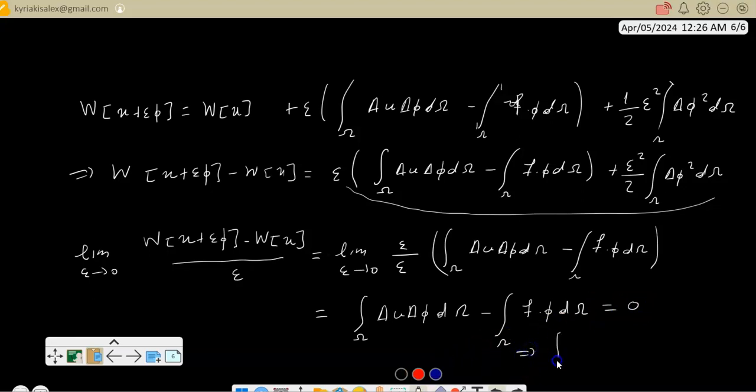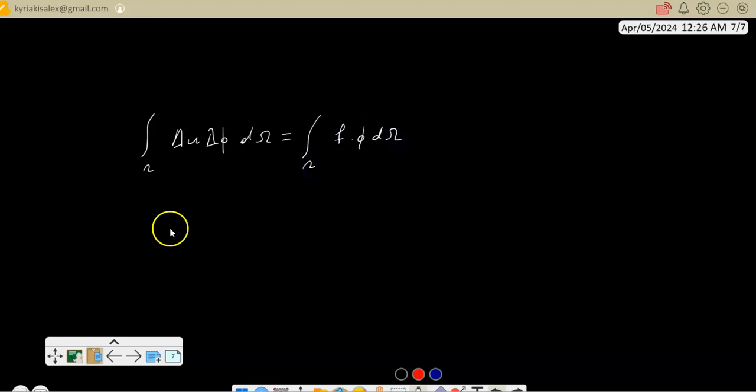From here, I have that the integral of Laplacian of u Laplacian phi d omega equals the integral over omega f times phi d omega. This is the variational form of the biharmonic problem.